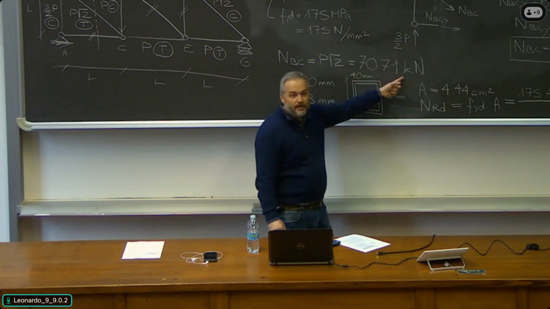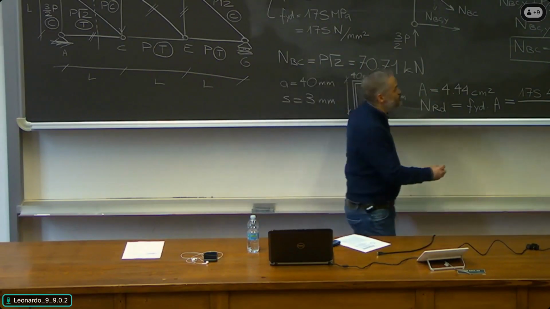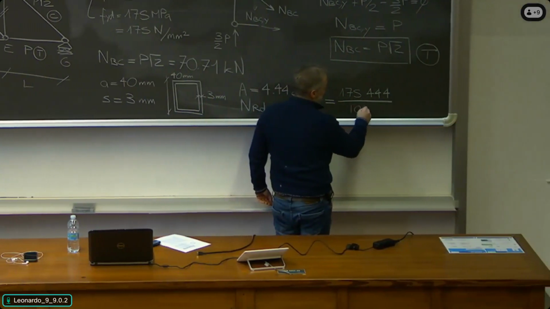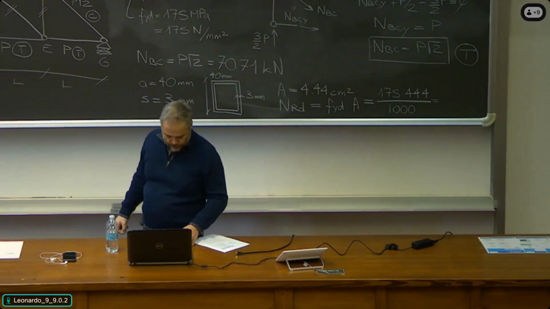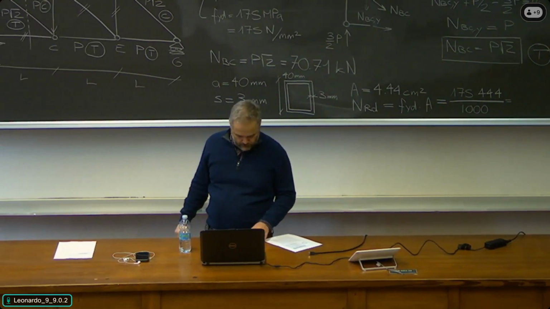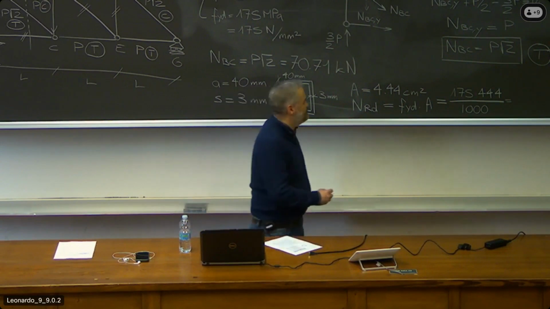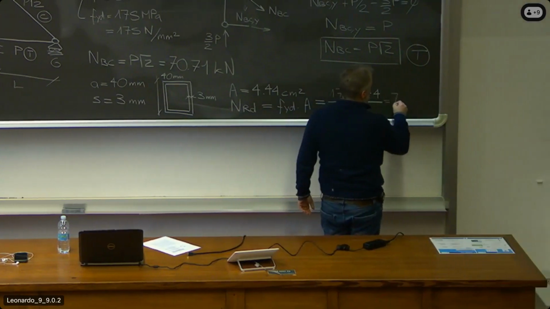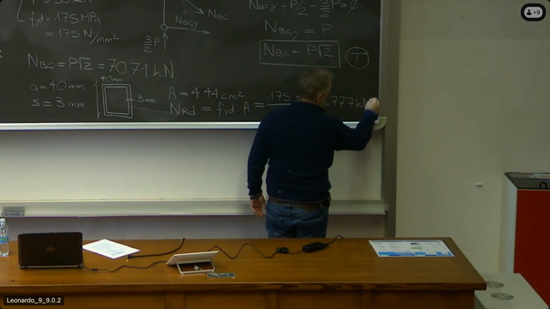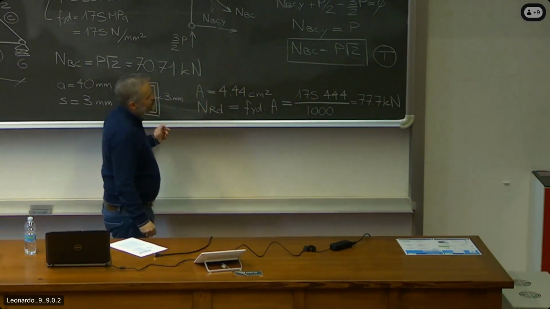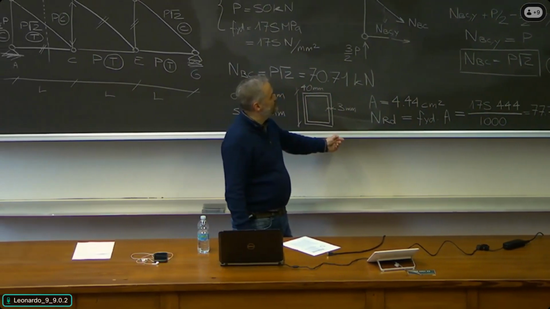But I have this in kilonewtons, so I want the result in kilonewtons, which means I'm going to divide by 1,000, and I do the calculation. 77.7. What is the check?